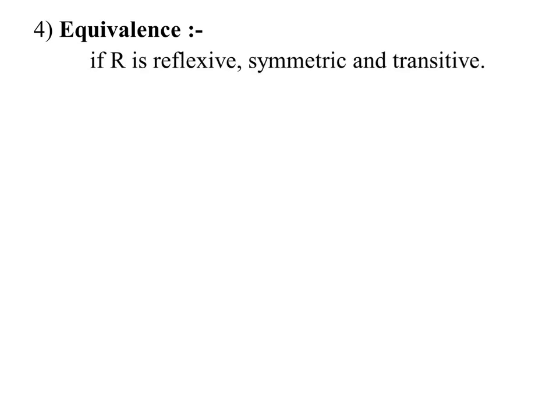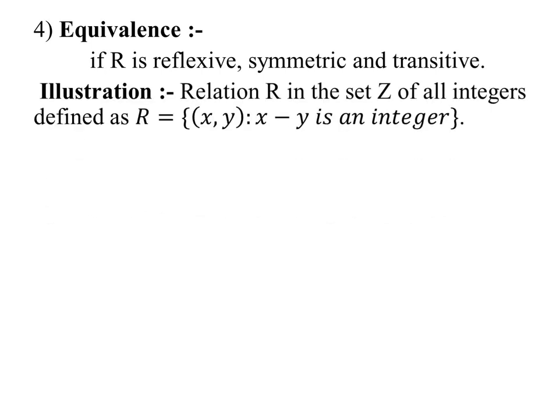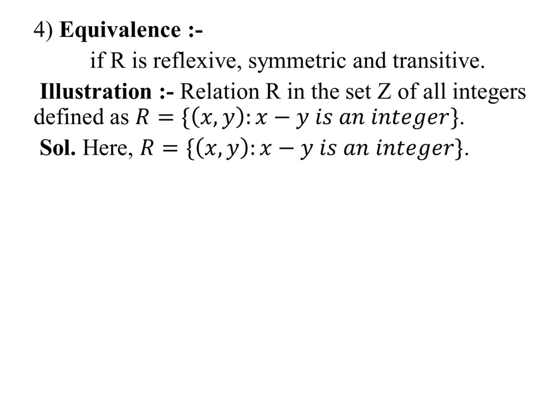Next, equivalence relation. A relation R on a set A is an equivalence relation if R is reflexive, symmetric and transitive. Here is one illustration: relation R in the set of integers Z, defined as R equal to the ordered pairs (x, y), where x minus y is an integer.